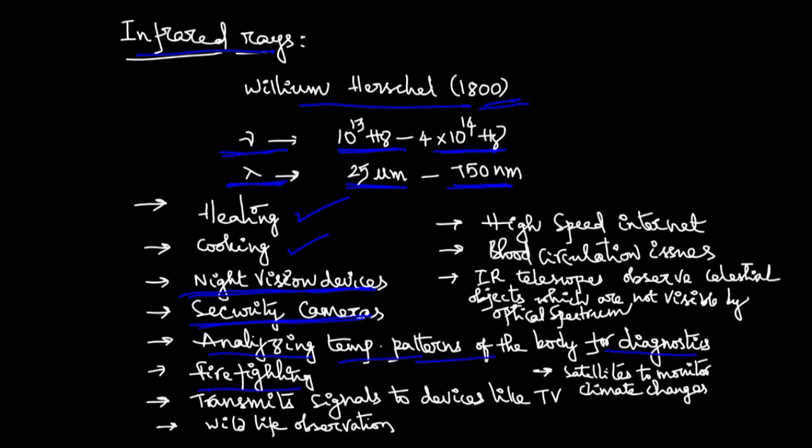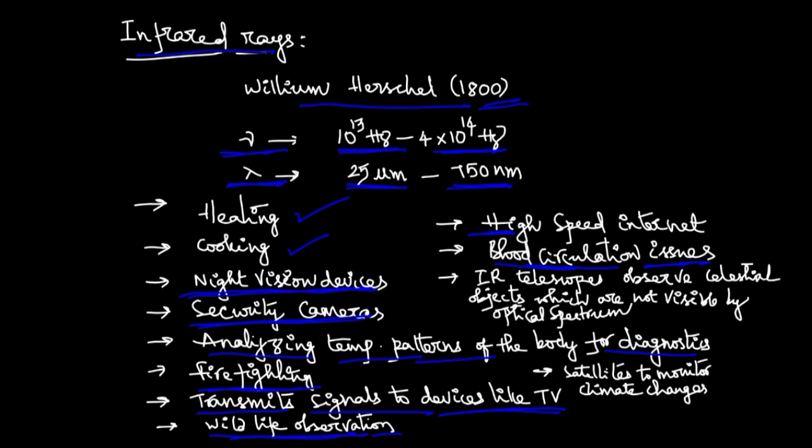In firefighting also infrared rays are used, and these infrared rays send signals to devices like television. Wildlife observation can be done with infrared cameras without disturbing the animals, high speed internet uses infrared rays, and blood circulation issues can be detected with infrared rays.